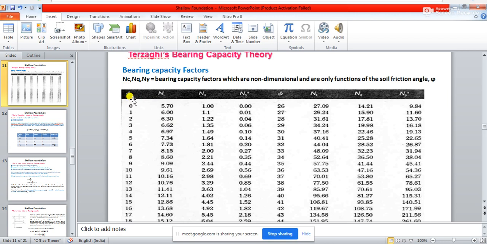When there is a reduction of phi, there will be a reduction in the values of Nc, Nq, N gamma, and these reduced values we represent as Nc dash, Nq dash and N gamma dash.